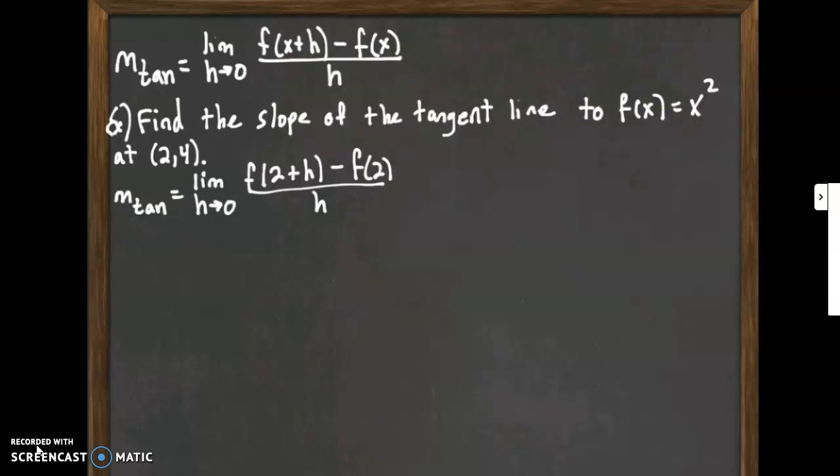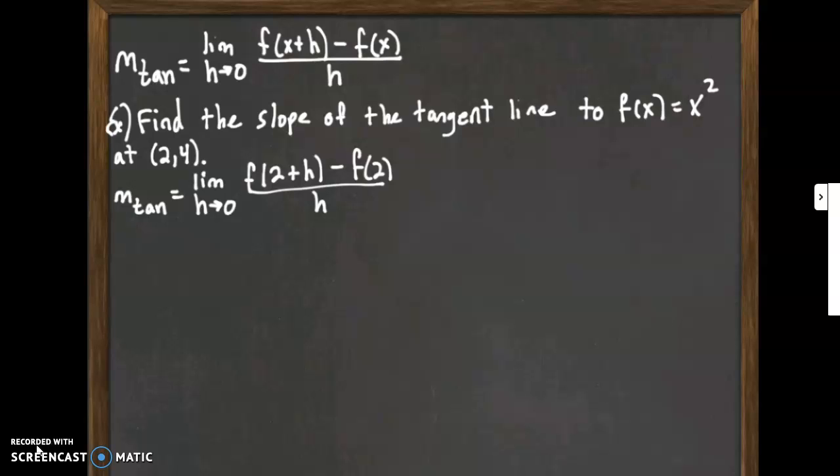Here I know x is equal to 2, so in that formula up above, I'm going to plug 2 in for x. h is the variable that's involved in the limit, so we'll address that a little later as we work the problem out. Again, these limits for slopes of tangent lines will always start out as a 0 over 0 limit. So our task is to eventually get that 0 over 0 factor to go away.